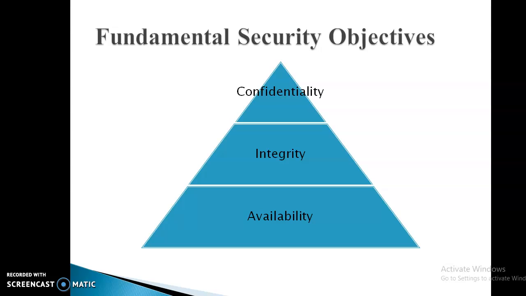The fundamental security objectives are confidentiality, integrity, and availability. These three are the key objectives of computer security. These three concepts embody the fundamental security objectives for both data and information services.